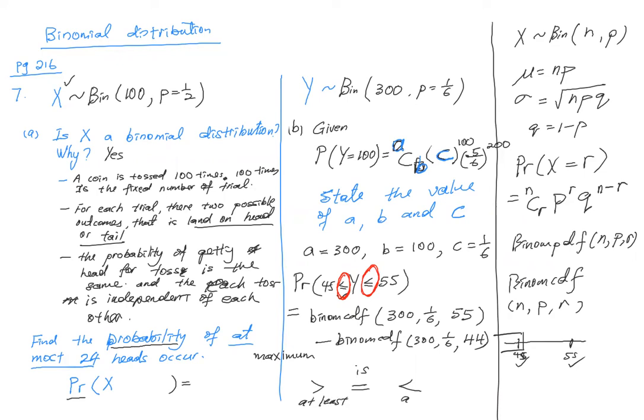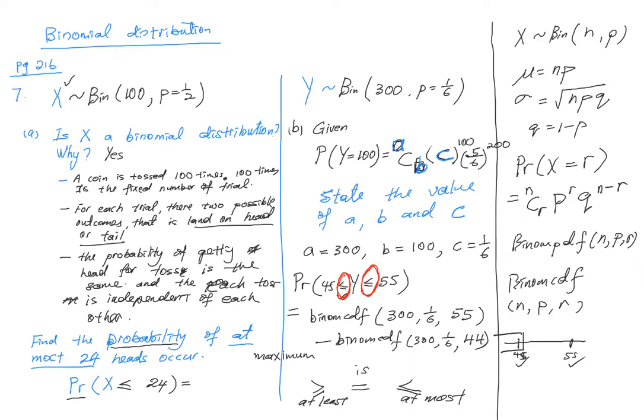This is at most. Now, do you know at least must have equal? So, Ramisa, which one do you use? The last one, at most. X less than or equal to 24.